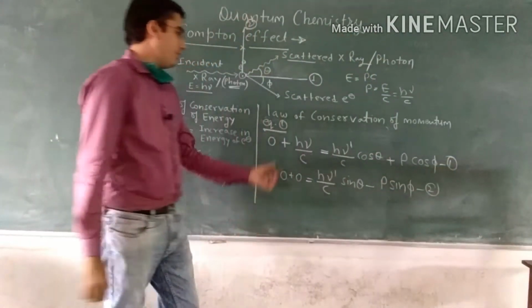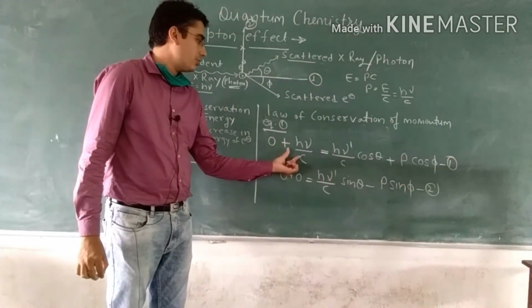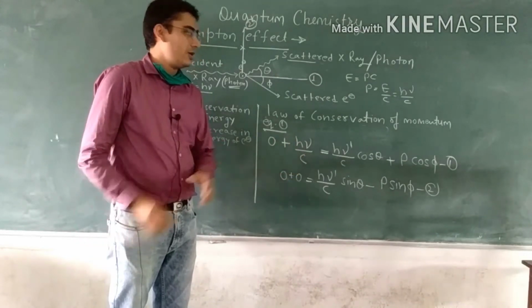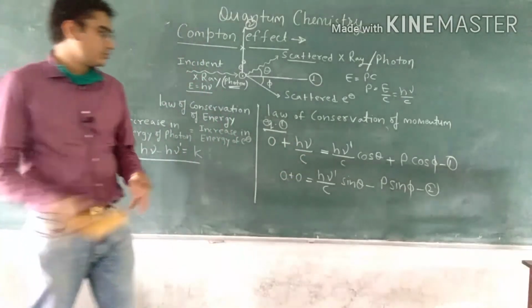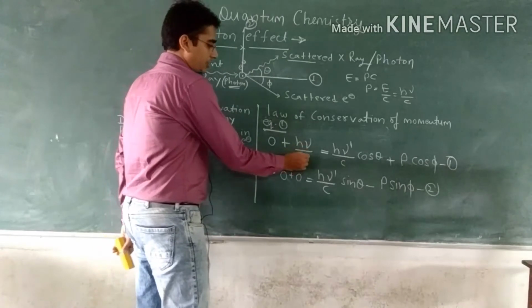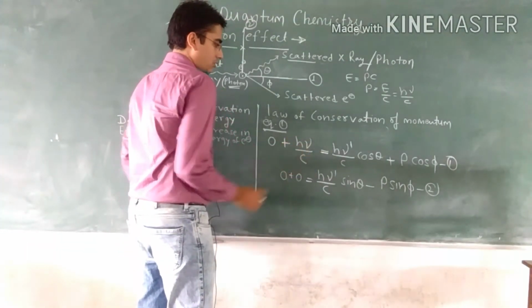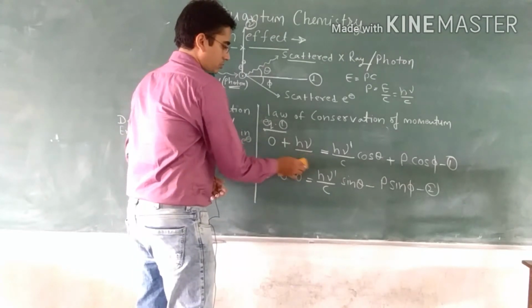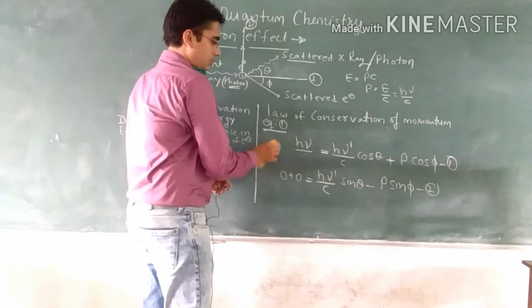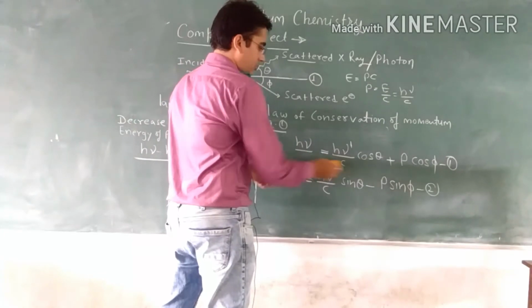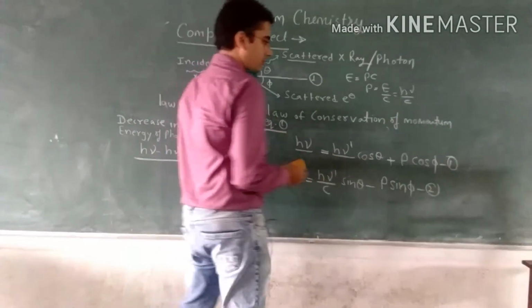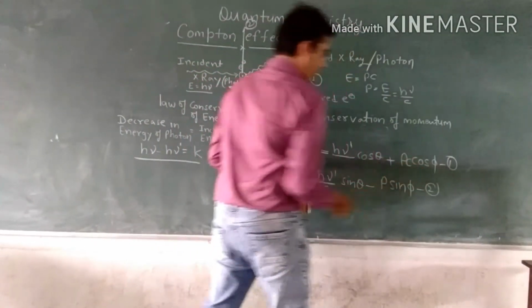Now we multiply both equations by c and rearrange them. If we multiply this by c, then c cancels with c, so it becomes this. And here c is cancelled and here c will come.